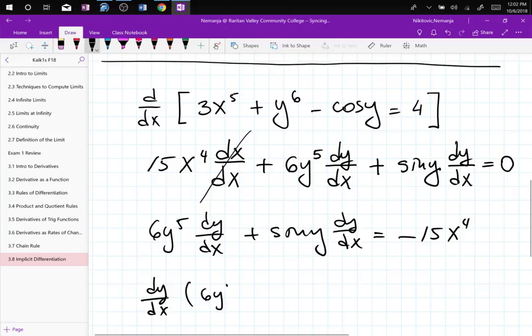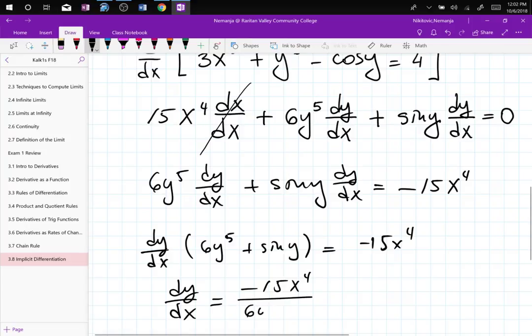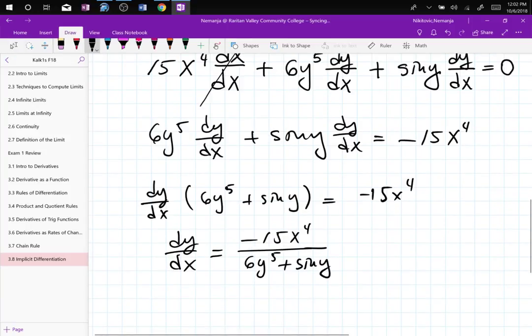I have 6y to the 5 plus sine y is equal to negative 15x to the 4th. And the final stage is to divide to get dy dx alone as negative 15x to the 4 divided by 6y to the 5 plus sine y. And that's the answer. That's the derivative.